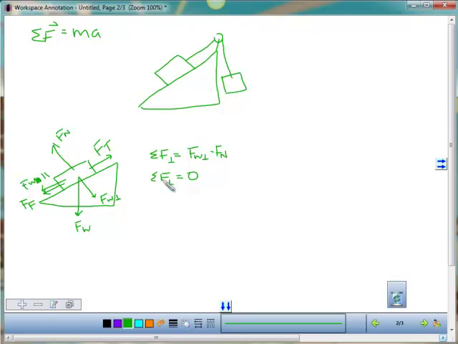Then I need to look at my parallel. Now, this one's going to be a little bit different because this is what we're looking at for the whole system. So my forces of parallel are equal to my force of tension minus my force of friction plus my force of weight in the parallel.